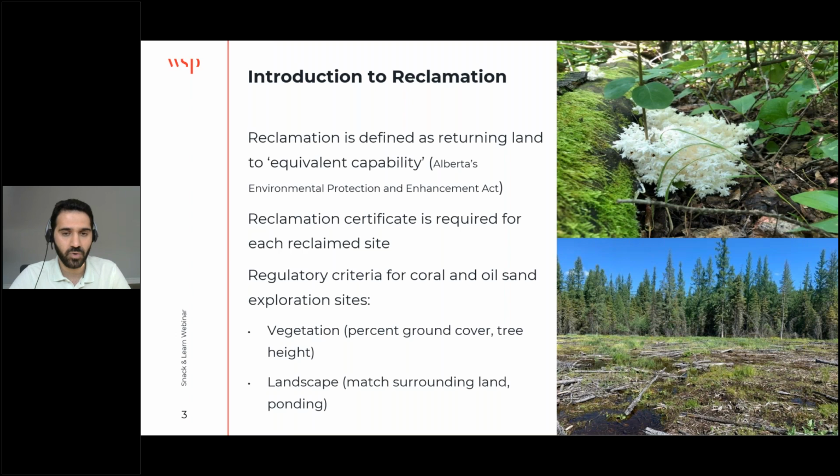For example, over oil sand exploration sites in Alberta, we need to assess vegetation and landscape condition, and some of the parameters like the ground cover of different vegetation, or tree height, or, in terms of the landscape condition, if there are any clay pads or hill cuts over our sites, and then we report our estimation and assessment to the regulators.